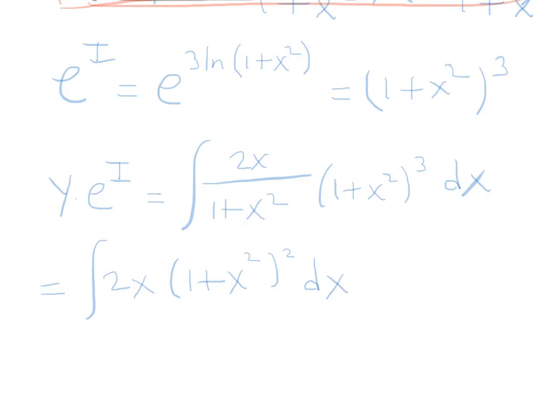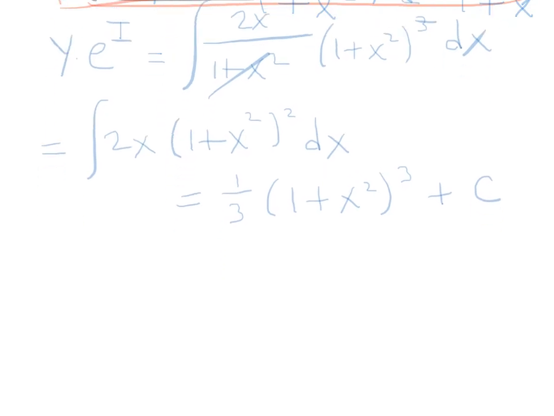As you see, there's a cancellation that takes place here. And then that itself gives 1/3 times 1 plus x squared cubed plus an integration constant.